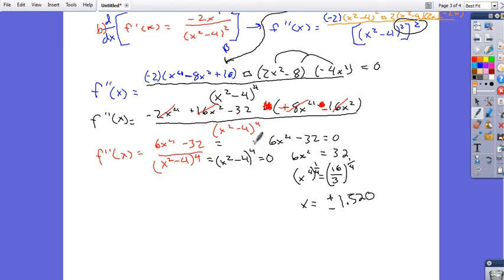You know, raise both sides to the 4th power here. Well, that's just 0. Cancel. X squared minus 4. X squared equals 4. X equals positive and negative 2.